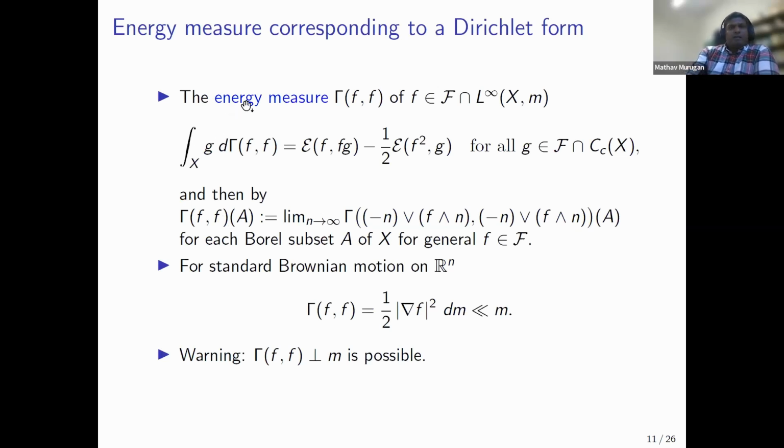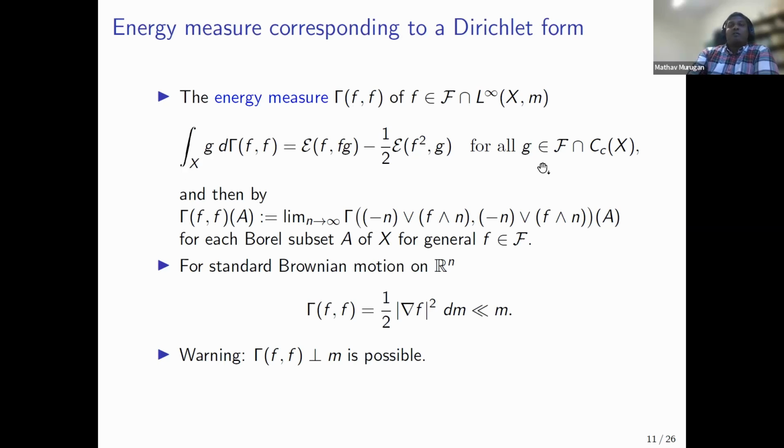So, okay, the energy measure of a function in the domain of the form. First one has to define this energy measure for functions which are already bounded, because if f is bounded, one can show that f squared is in the domain of the form. So these kind of integrals make sense. One way to define measures is to tell what the integrals against test functions are.